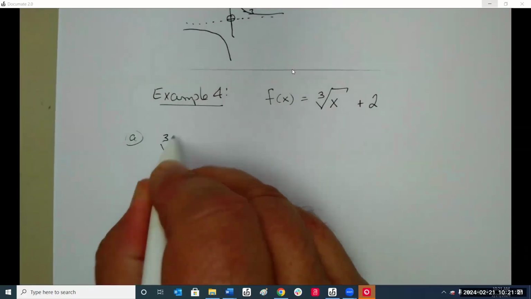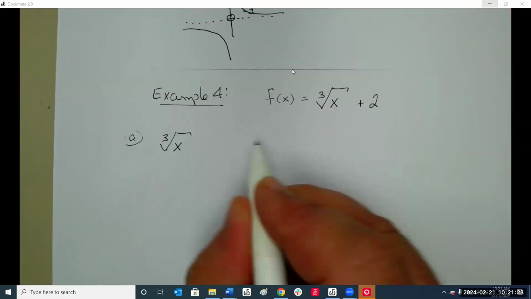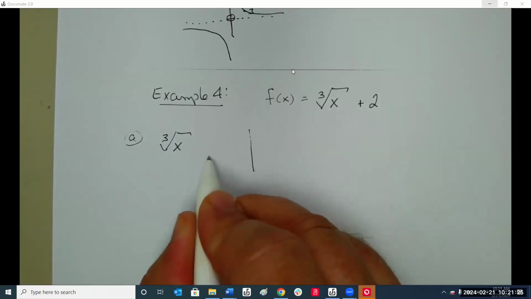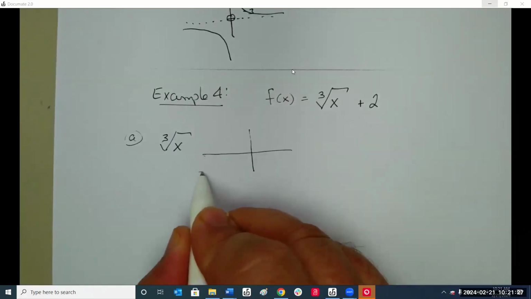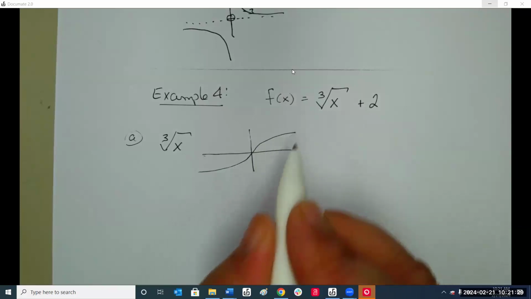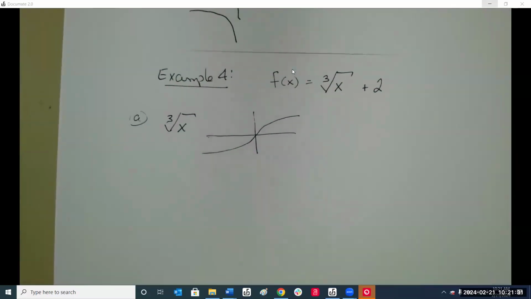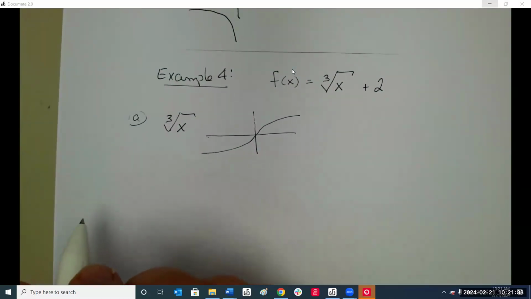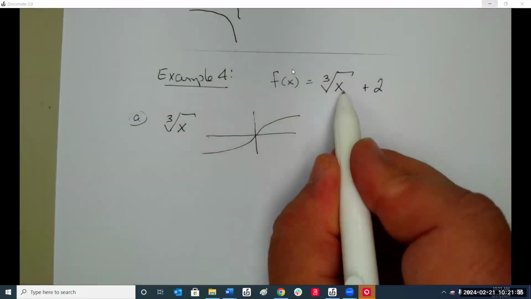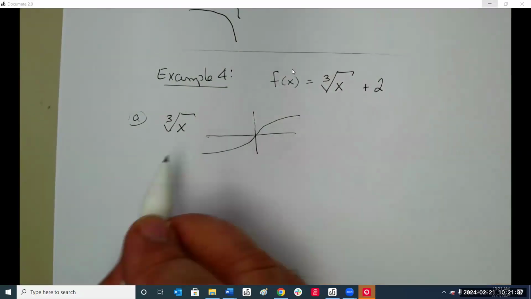The cube root of x. What does that graph look like? All right, it's the elongated S. Is there a horizontal shift? Is there anything added to x with respect to x? No. So there's no horizontal shift.